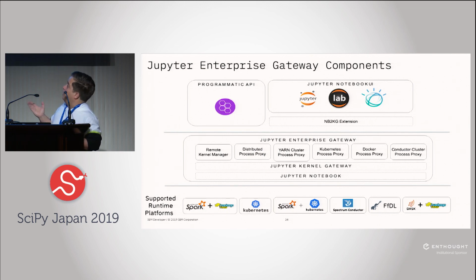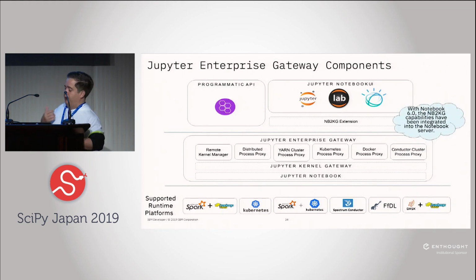We have then the kernel manager and the process proxies for each environment that we support. This is built on top of, extending or subclassing, some of the notebook and kernel gateway code. So it's not entirely a net new thing; it's something that we have been building on top of notebook. And here are all the supported platforms that we talked about.